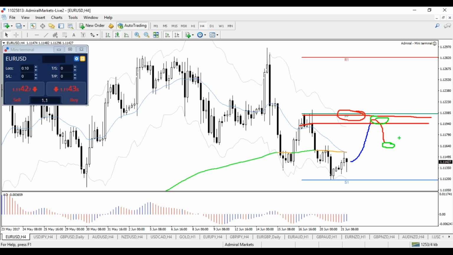I could look for a pullback and look for a bounce there. So this is how you can see we have support and resistance, we have a candlestick pattern, and then we have a fib.